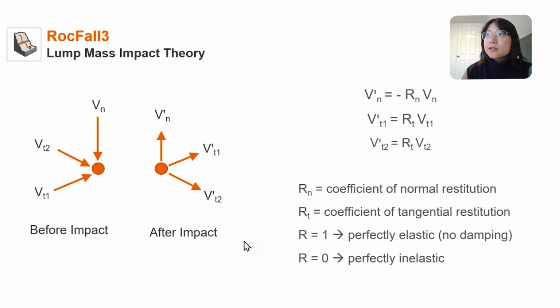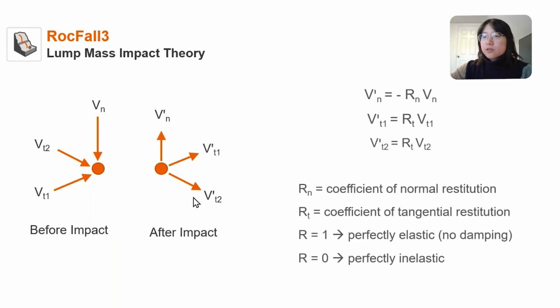So the lump mass impact theory is the same in 2D and 3D, except in 3D we have to consider an additional tangential direction. So before impact, the incoming translational velocity is resolved into one normal component and two tangential components.